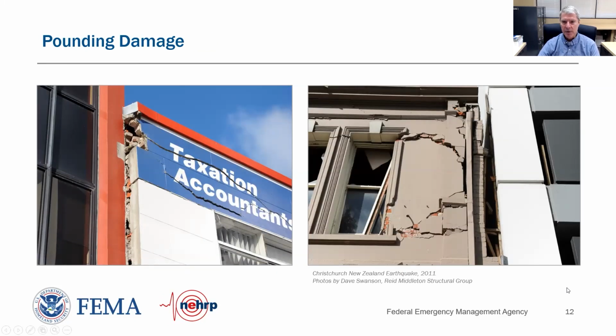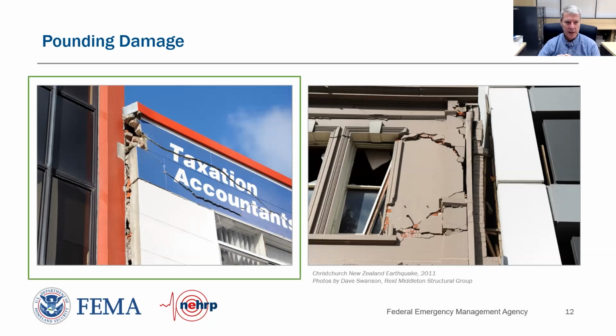Here's two examples or photographs of pounding damage. Our photo on the left shows a taller building, just barely can see it on the left hand side, and on the right hand side is a shorter building.